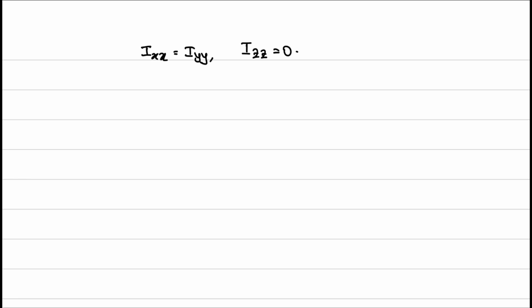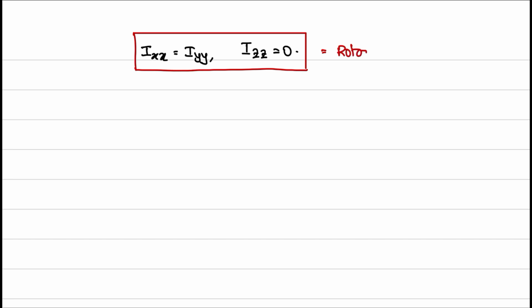This is called a rotor. Very important: in two directions the moment of inertia is the same, but in the third direction the moment of inertia is 0. Then this is called a rotor.